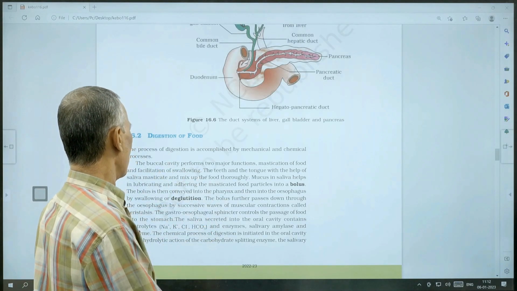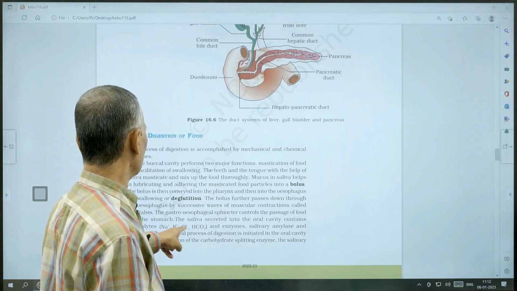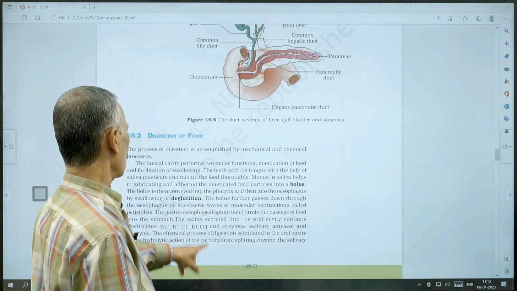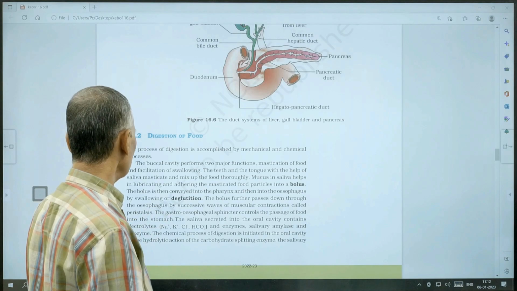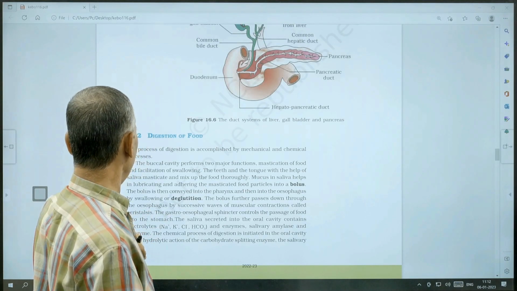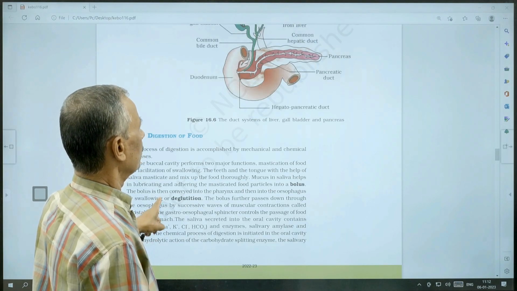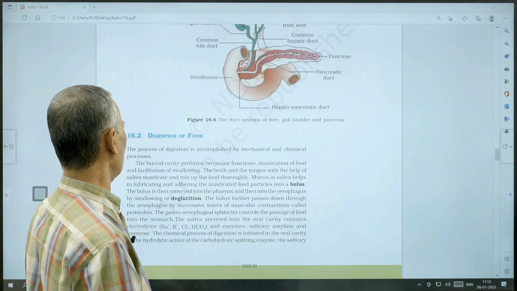The saliva contains a number of electrolytes also, like sodium, potassium, chloride and bicarbonates. Also, it contains a bacteriolytic enzyme called lysozyme. This lysozyme breaks down the bacteria that are trying to enter along with our food.